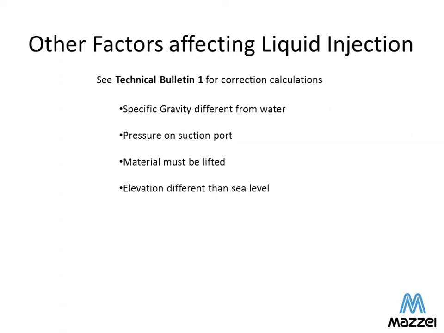Remember the way the injector functions, it creates a low pressure area in the throat of the injector. That essentially allows the atmospheric pressure to push material into the throat of the injector, into the suction port of the injector. So if your atmospheric pressure where you live is lower than the atmospheric pressure at sea level, which is where we ran our tests for our performance tables and the data that we've gathered, then you will see a different suction capacity.